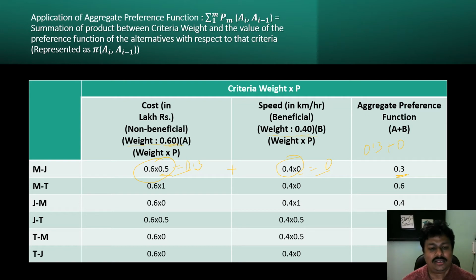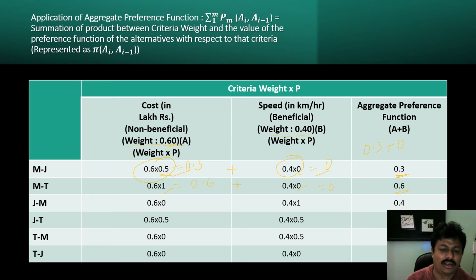Similarly, in case of m minus t, the preference value was 1. So that is what we have done. We have multiplied the weightage with the preference value. So 0.6. And in this case also the preference value was 0. So this becomes 0. So when we add these two, we get the value 0.6.